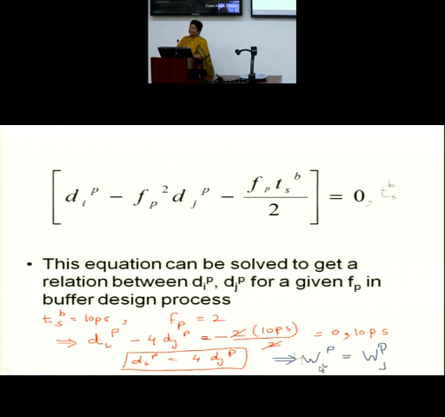Which gives me that in the ith path and in the jth path, the two W's should be in this relationship. This will keep your skew within bound for the pull-up component. Do the same thing for the pull-down component. So I have now taken care of the buffer mismatch side.